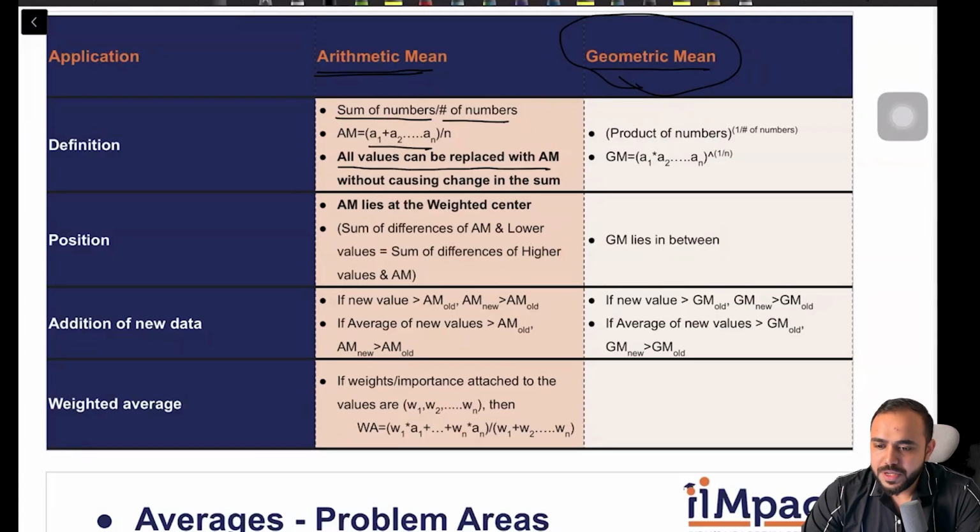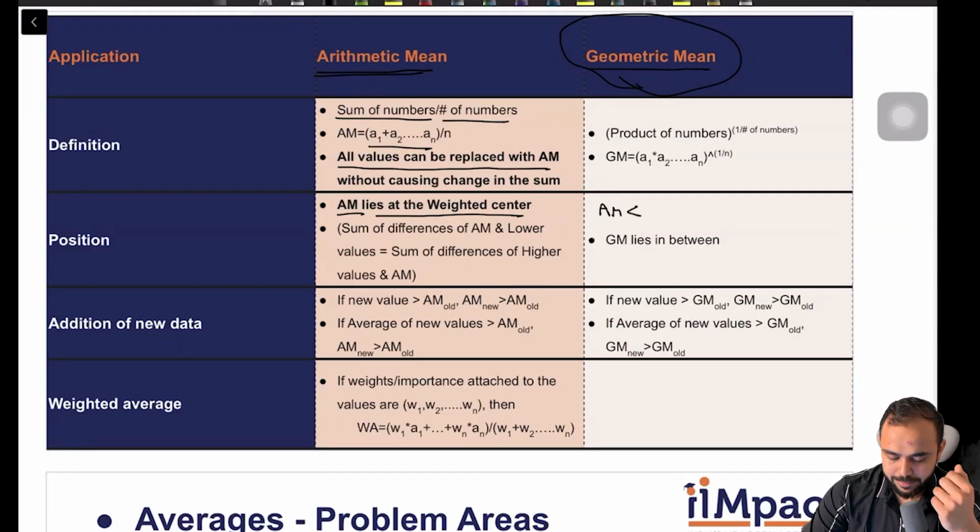What this also means is that arithmetic mean will always lie at the center. When I'm saying center, I don't mean the literal center between the largest and the lowest value. It may or may not happen. It will happen for something which is in AP. Otherwise, it is the weighted average. For you, what that means is that arithmetic mean will lie somewhere between the highest value and the lowest value.